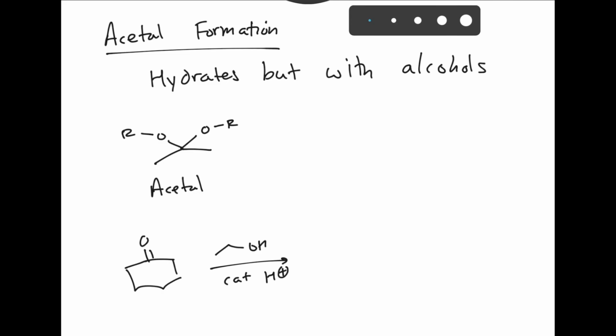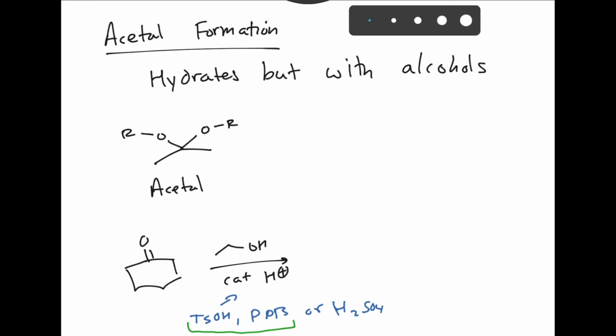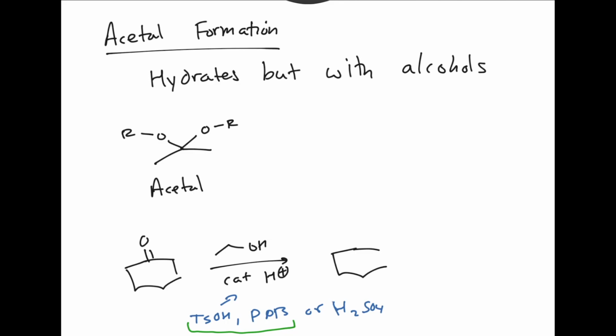These I'm more than likely going to use either tosic acid, PBTS, or sulfuric acid. These are the acids that I use the most for these. So here I'm way more likely to put one of the acids than I am to put just catalytic H plus. Usually tosic acid or PBTS. So again, these are the two biggies that get used the most. And then this is going to make your acetal.